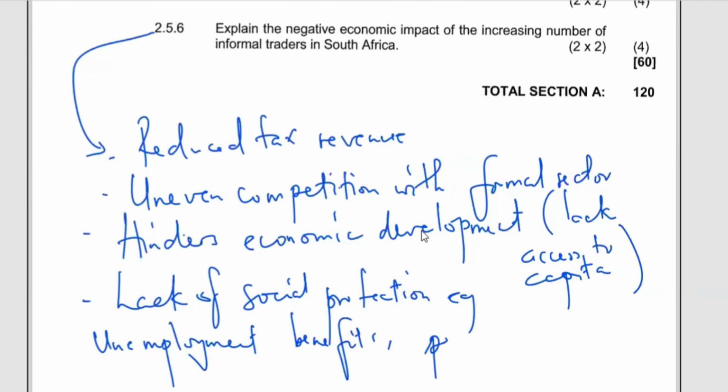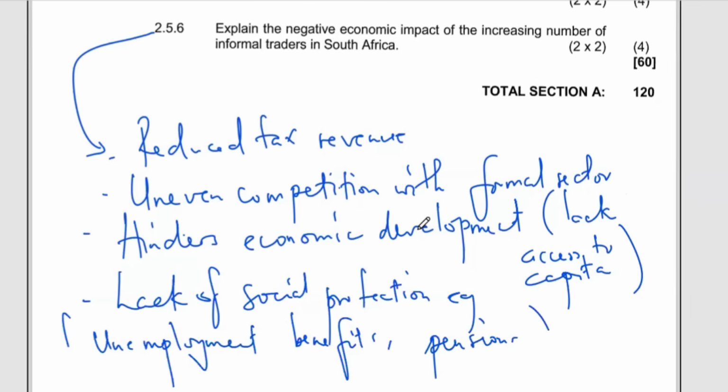Things like pensions. They are not there in the informal businesses as they operate. So it's a disadvantage that a person works and they do not get benefits, like benefits which are intended for the sustenance of life of an individual who was once working.